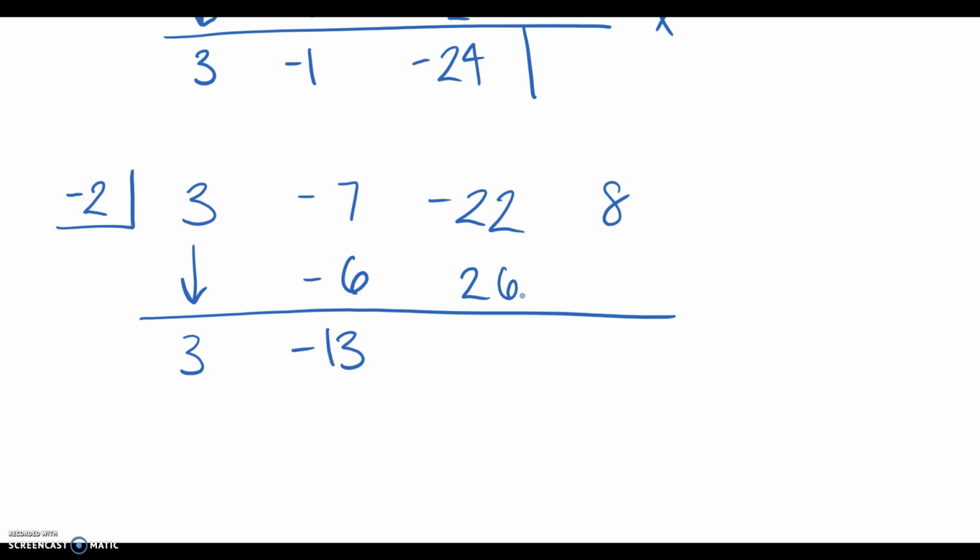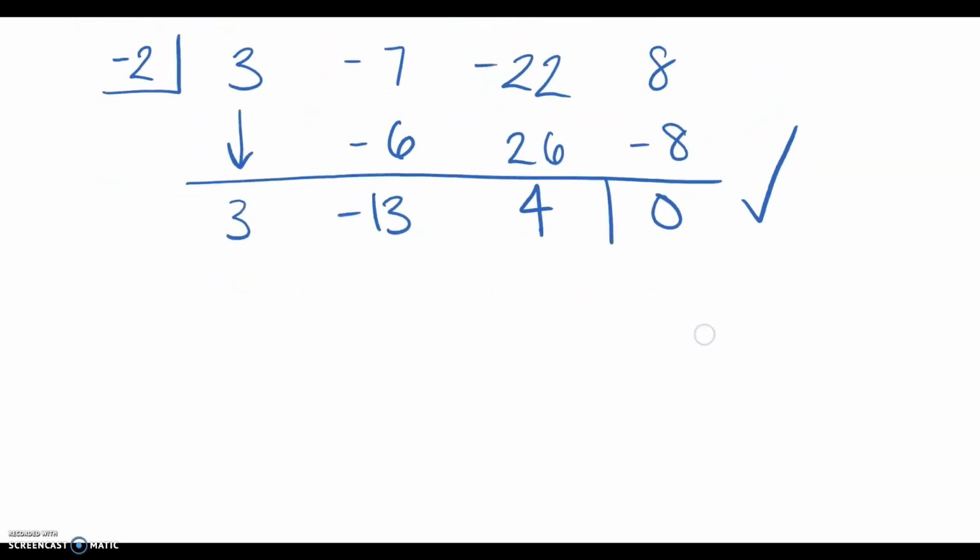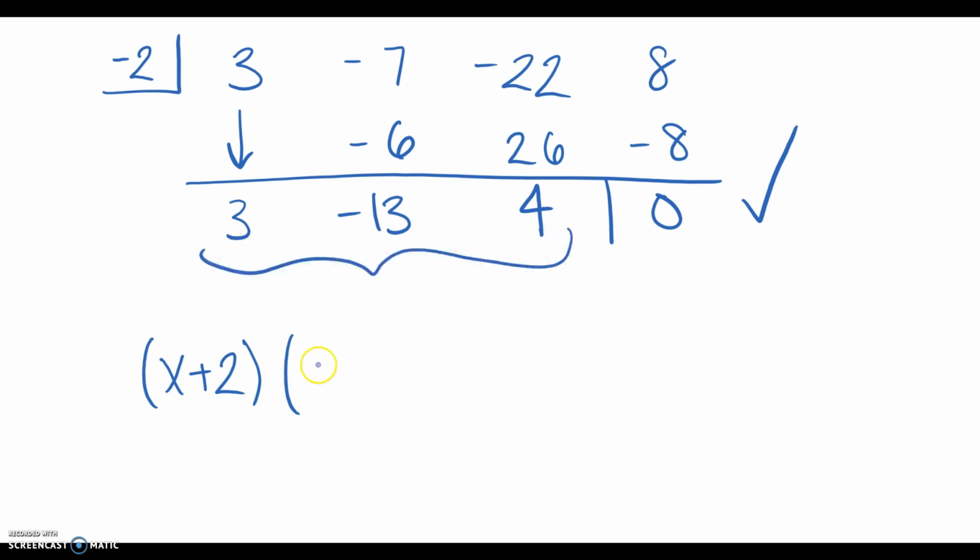Negative 22 plus 26 is 4. And 4 times negative 2 is negative 8. And 8 minus 8 is 0. So we have a remainder of 0, which means we have a factor. So I can rewrite this now as x plus 2 times what we're left with, 3x squared minus 13x plus 4.